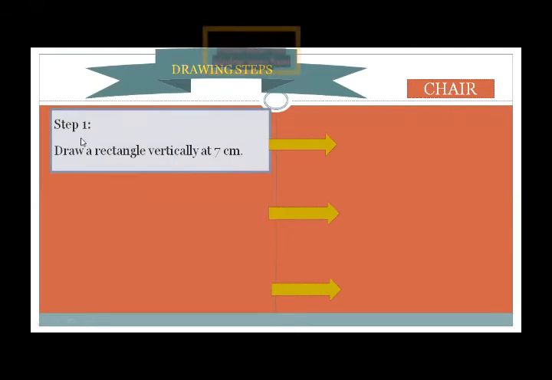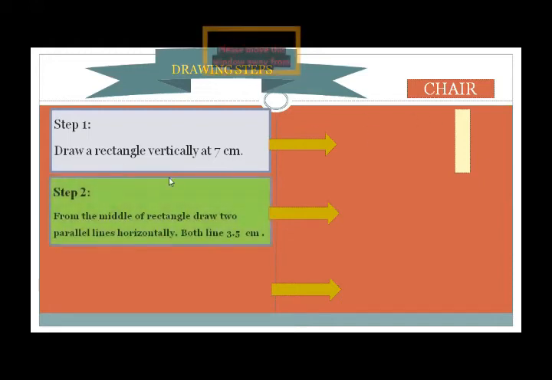What you will do, class? First of all, you will draw a rectangle vertically at 7 centimeters. Vertical lines mean straight lines like this. Look at this line. Now you will vertically draw a rectangle, and the measurement will be 7 centimeters. Got my point? The rectangle measurement will be 7 centimeters and it will be vertical.